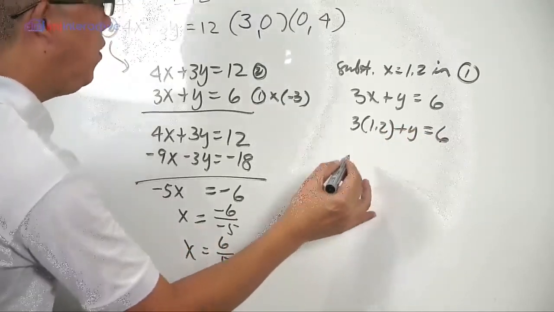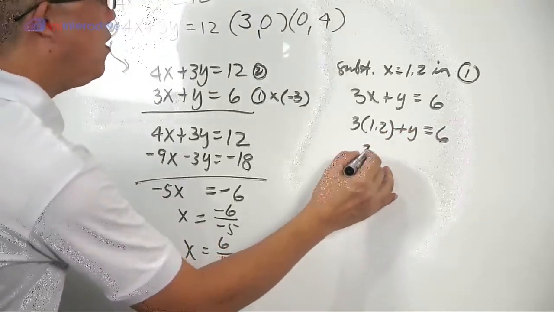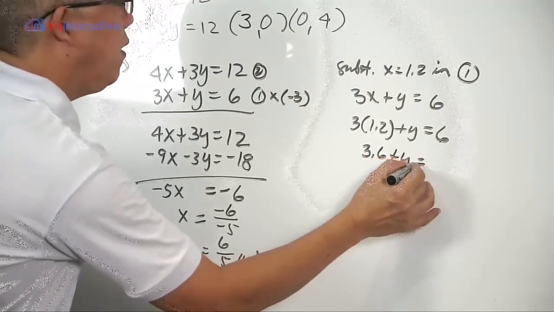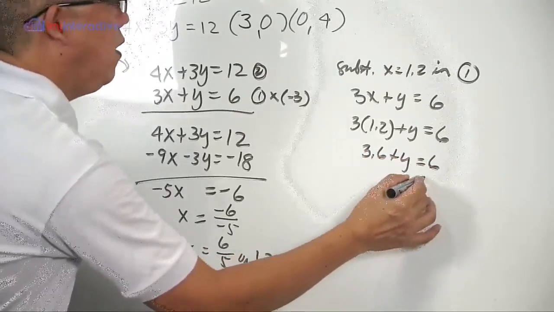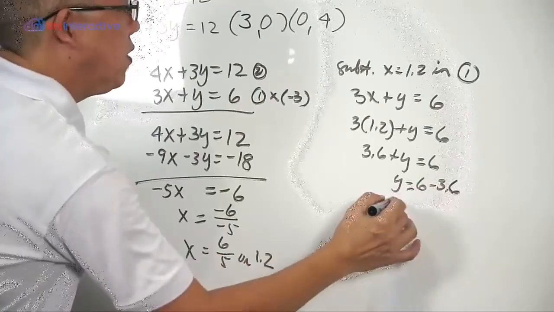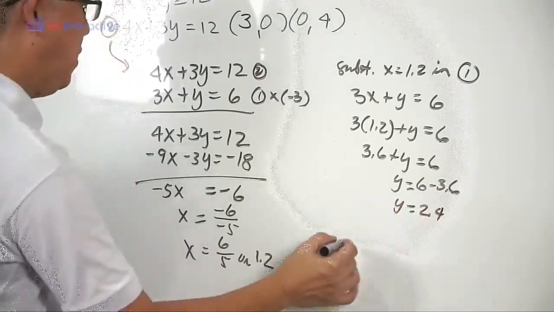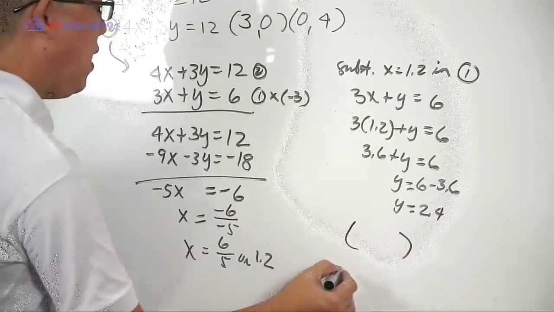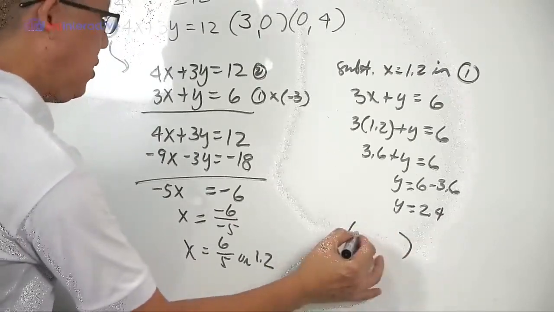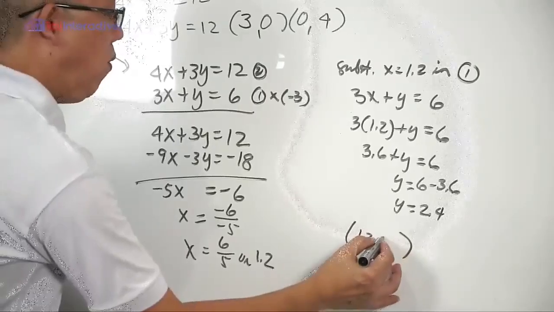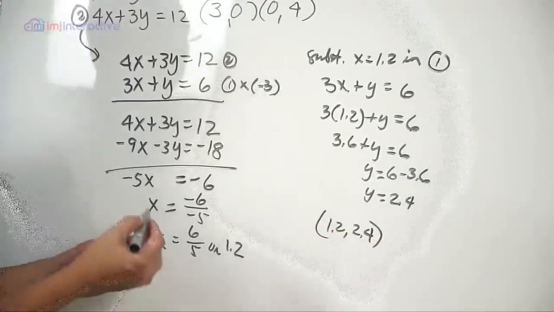So, this one will give you 3.6 plus y equals 6. So, y equals 6 minus 3.6. Y equals 2.4. So, the point of intersection now is x is 1.2 and y is 2.4.